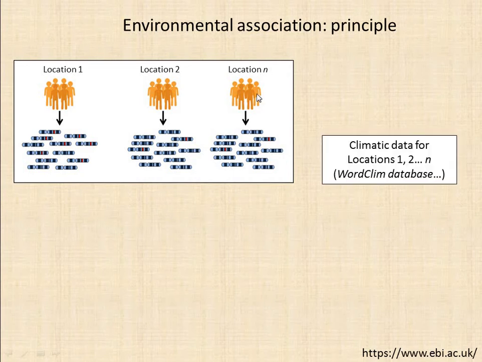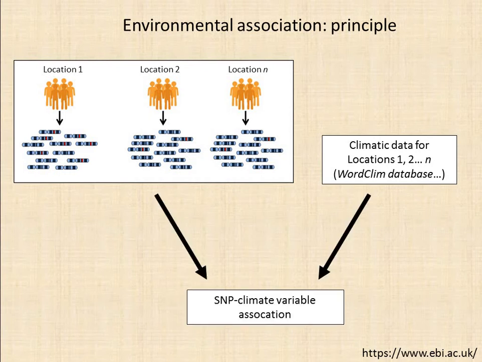Now there are plenty of climate databases, so each of these locations will have a specific climate. And then once we have that, we can simply do again an association, this time between genotype or SNPs and climate variable.